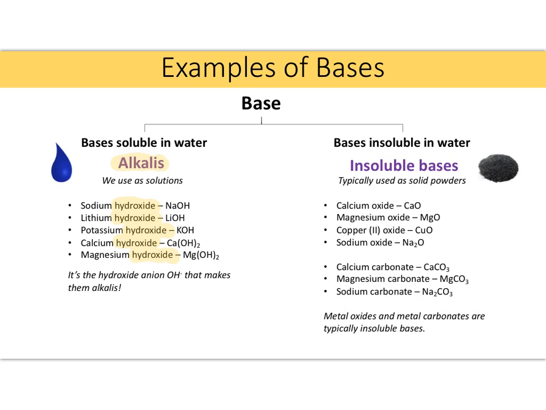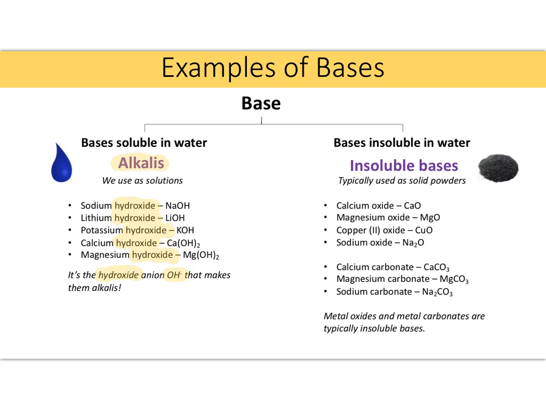Something common to all of them is that they are hydroxides, and that is a particular ion, OH minus. Again, it's one of those ones that you have to learn. It has a 1 minus charge, and essentially if you're looking at a substance and it has hydroxide in its name, or it has OH in its formula, then you are looking at an alkali.